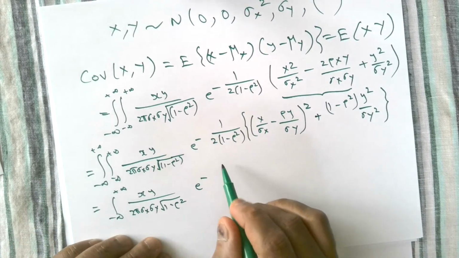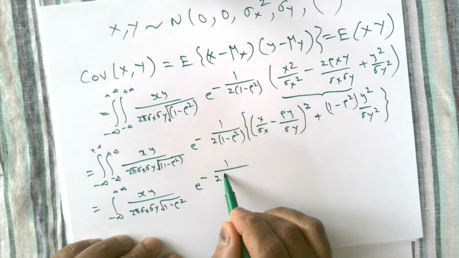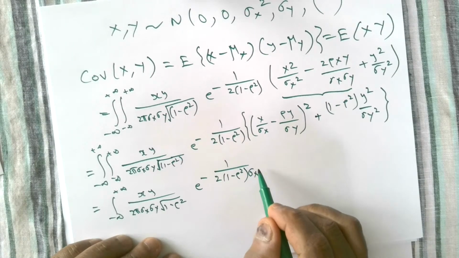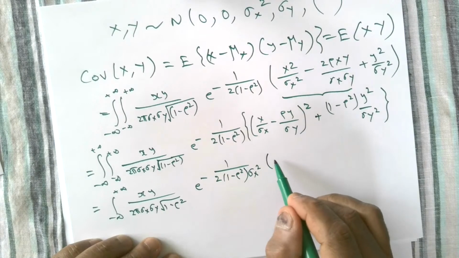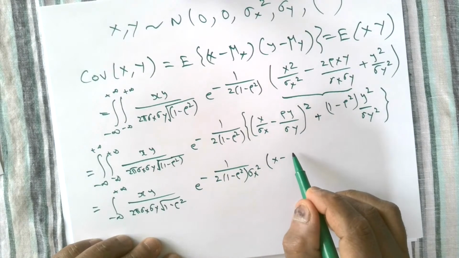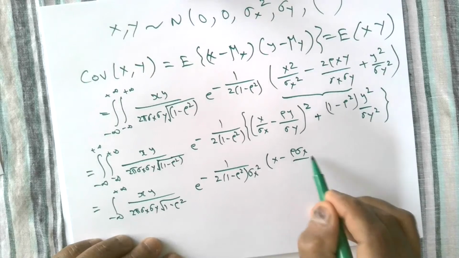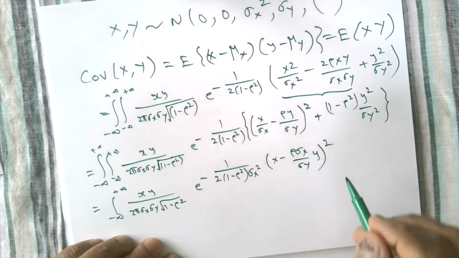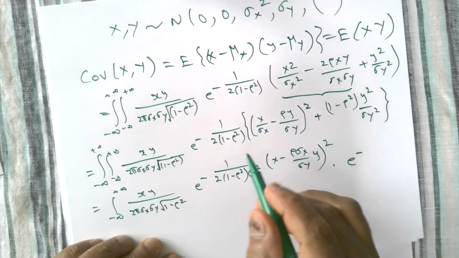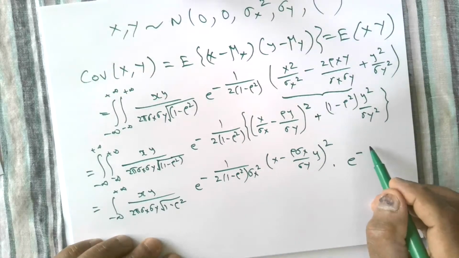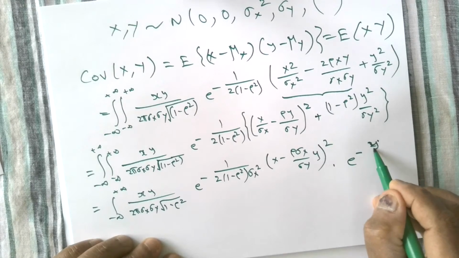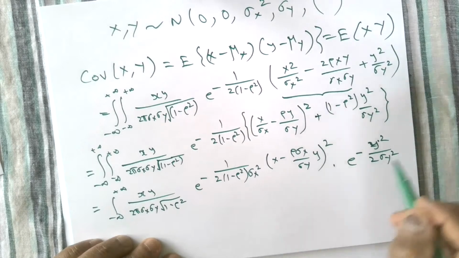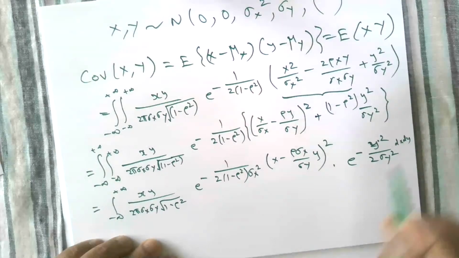And here this would be 1 over 2 times 1 minus rho squared sigma x squared, sigma x squared I'm pulling outside. So this becomes x minus rho sigma x over sigma y times y, whole squared, multiplied by e to the power minus, notice that this cancels out, so this simply becomes y squared over 2 sigma y squared, and dx dy, of course.